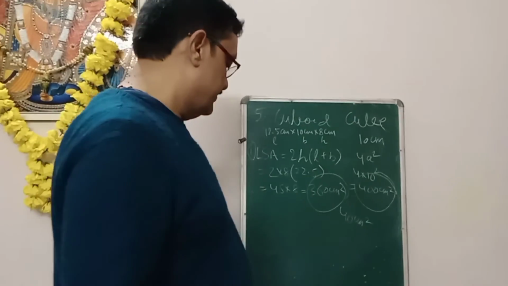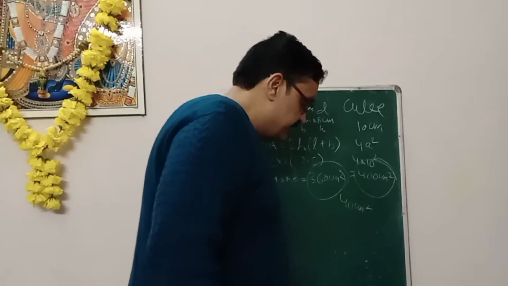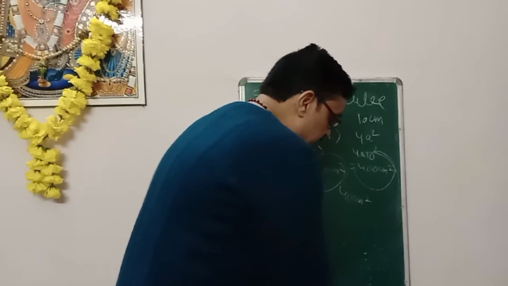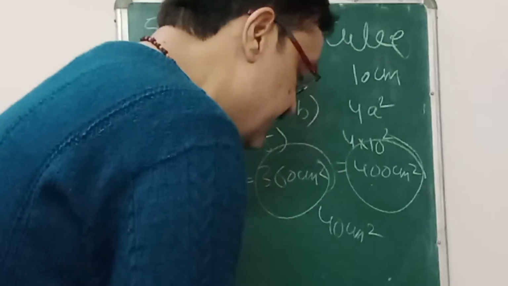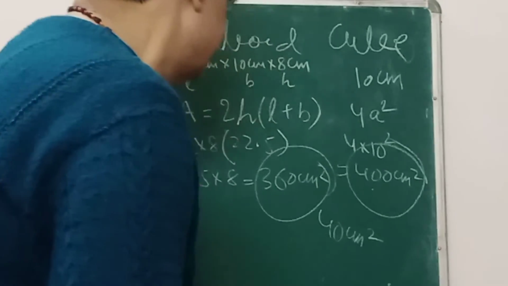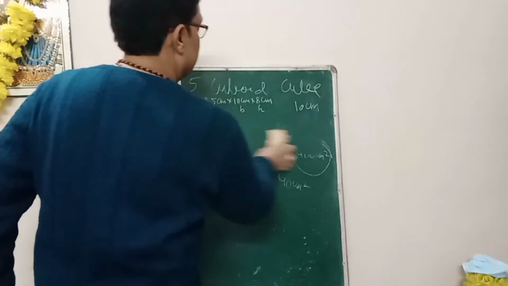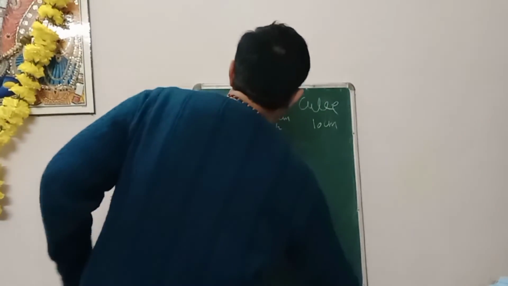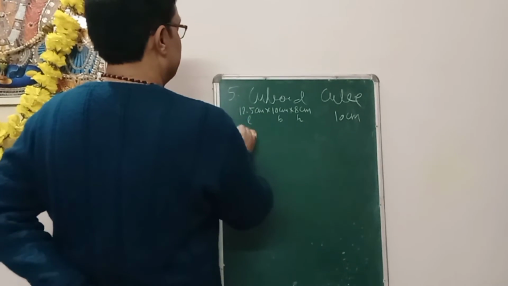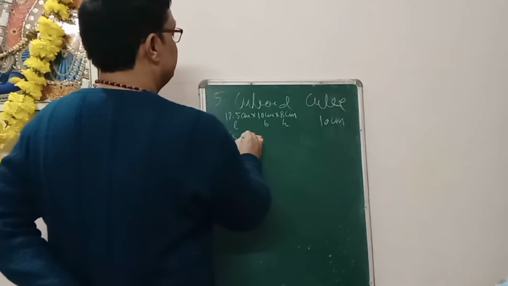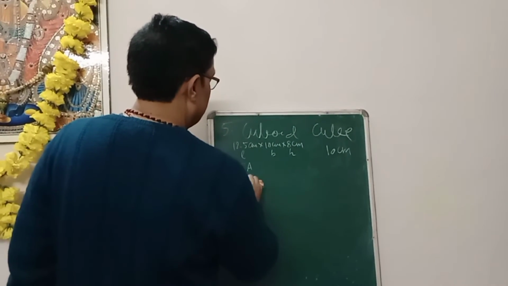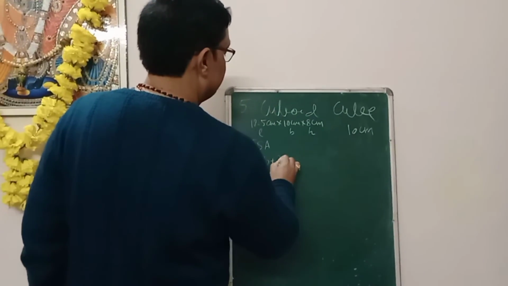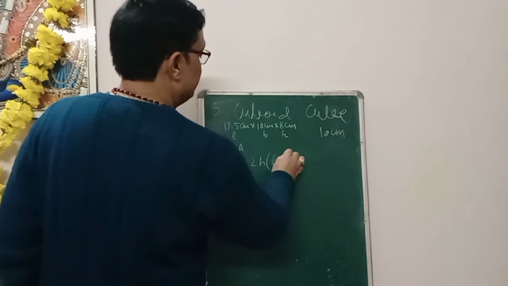First part is over. Now what is the second part? The second part is total surface area, TSA. What is the total surface area of cuboid? 2LB plus 2H(L plus B).